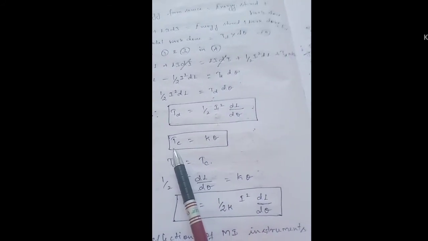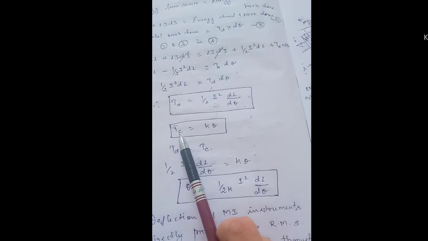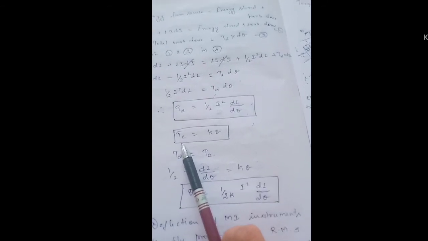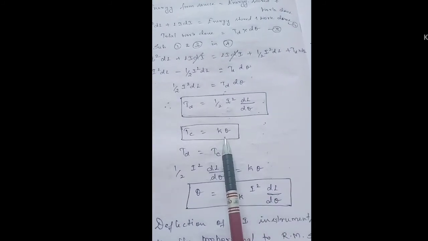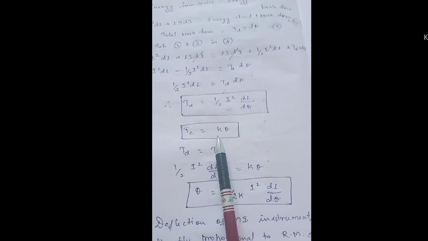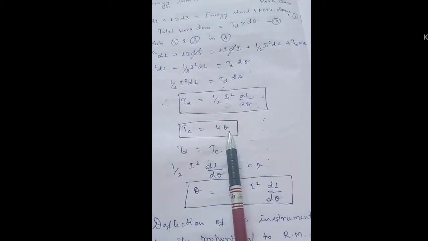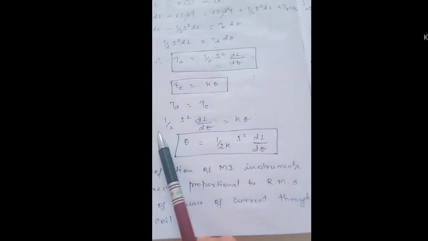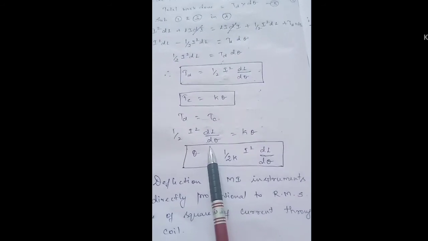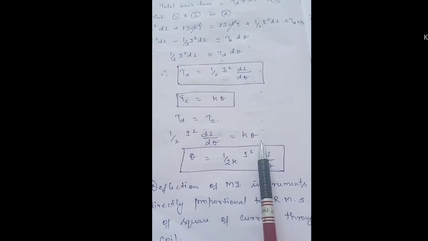Whenever the deflecting torque gets equalized by the controlling torque, the system will remain in a steady position. The controlling torque is achieved by means of the spring arrangement provided. So Tc is equal to K into θ, where K is the spring stiffness and θ is the deflection of the pointer. When we equate Td and Tc, we get 1 by 2 I² dL by dθ equal to Kθ.